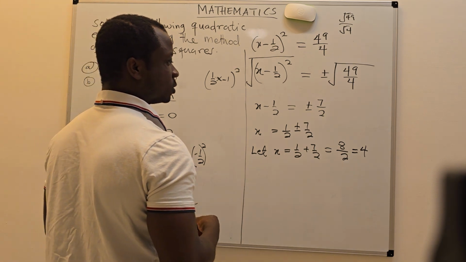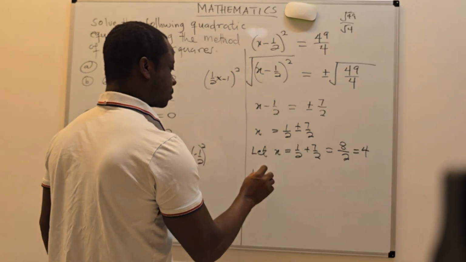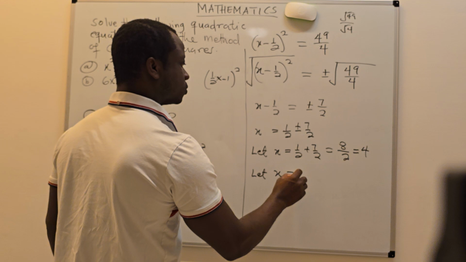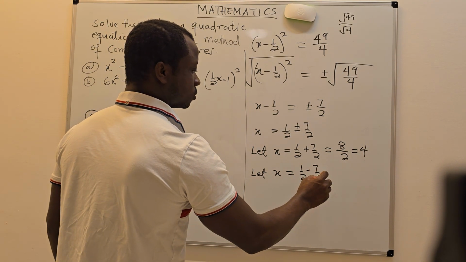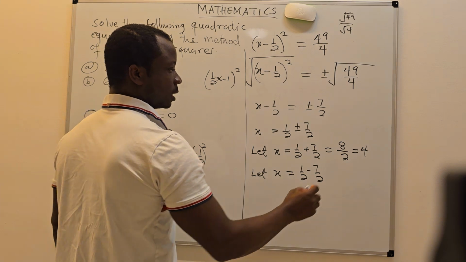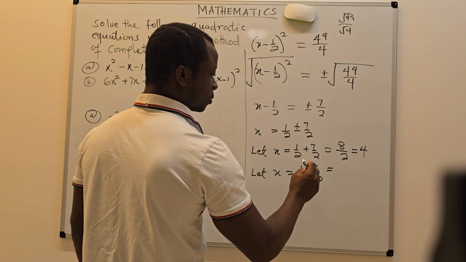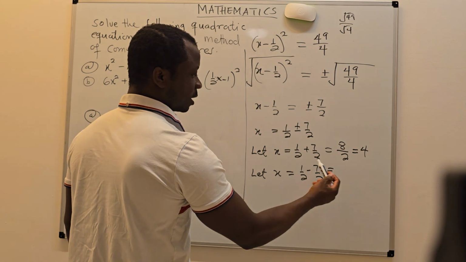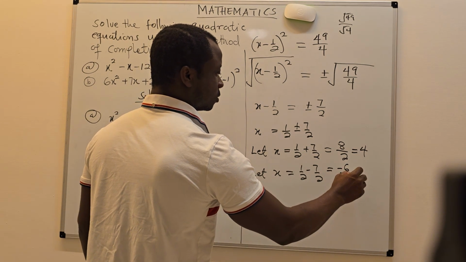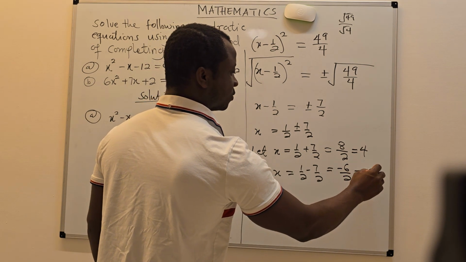And then we are going to continue. Let x equal to 1 over 2 minus 7 over 2. And this is going to give you, since the LCM are the same, you are going to have 1 minus 7, which is negative 6 over 2, and going to give you negative 3.